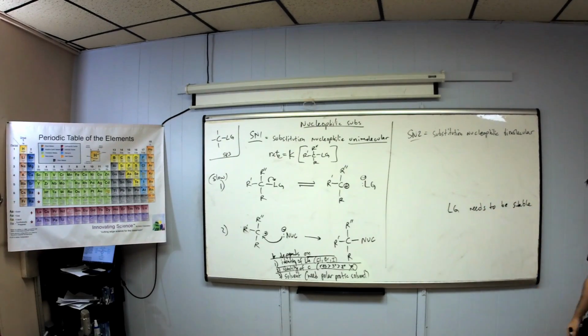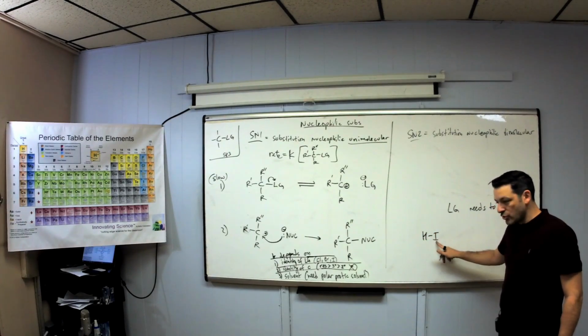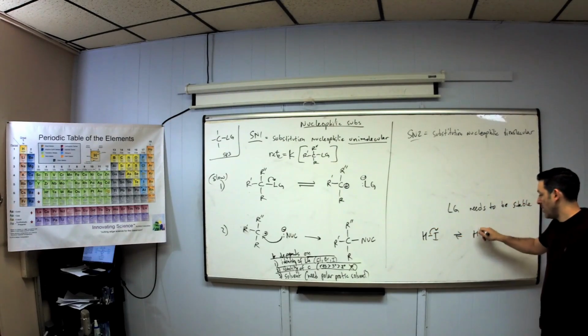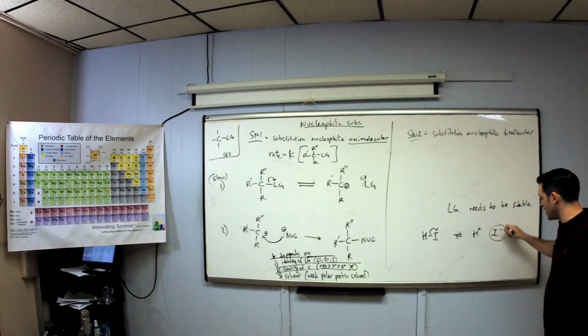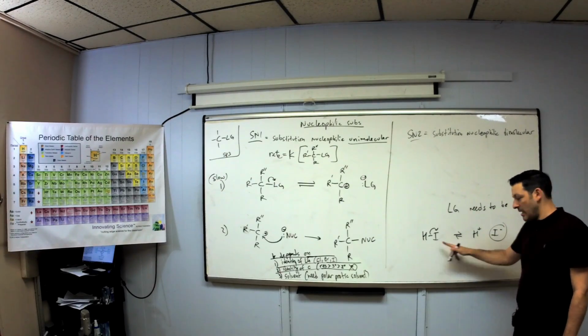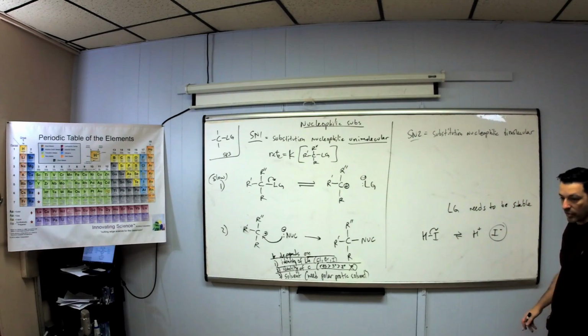Not stabilized, but stable. And from the acid-base chapter, what walks away with electrons and is stable? You know that HI is a strong acid, because when it walks away with electrons, that must mean that I minus is stable. So I is a good leaving group. Anything that's the conjugate of a strong acid is going to be a good leaving group.